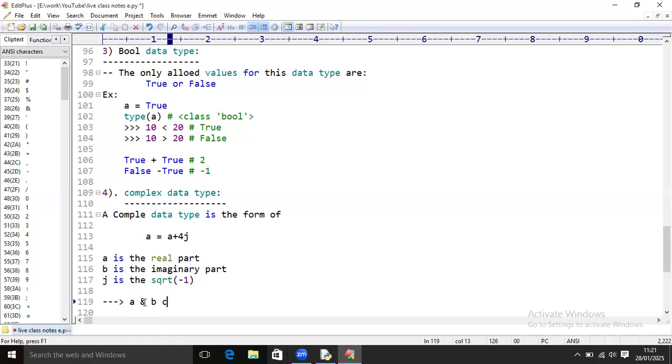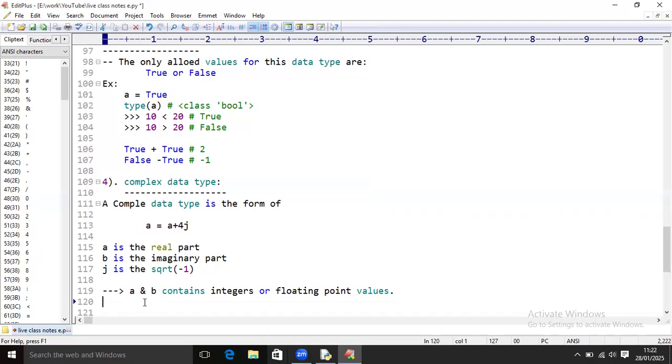A and B contain integers or floating point values. Floating point values. Okay.